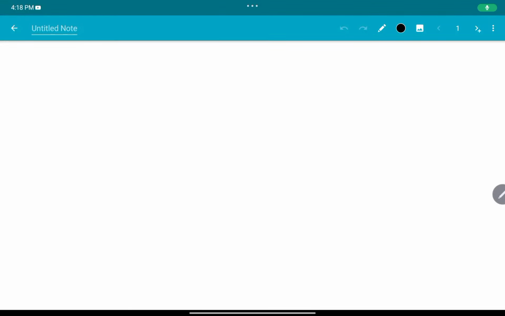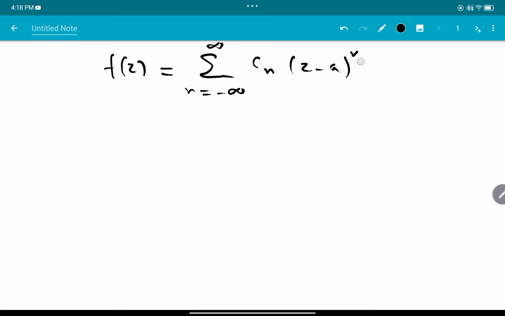Dear students, in our last lecture, we talked about Laurent series. In fact, we derived it in this form. Our expression for Laurent series was f(z) equal to the sum from n equal to minus infinity to plus infinity of c_n (z minus a) raised to n, which we can write in another form, as the sum of two series.